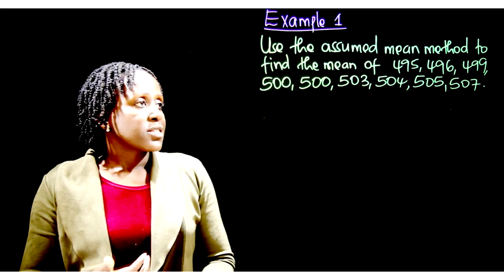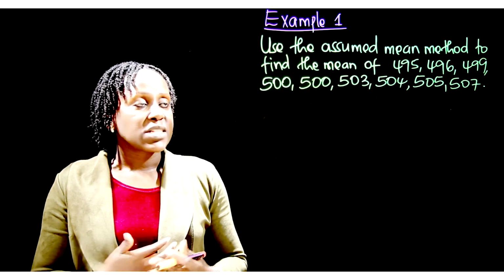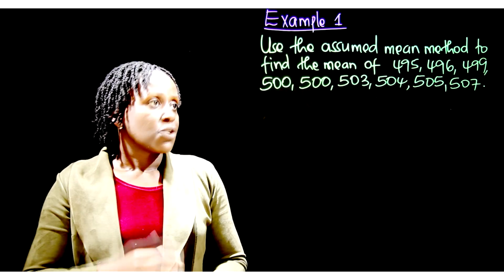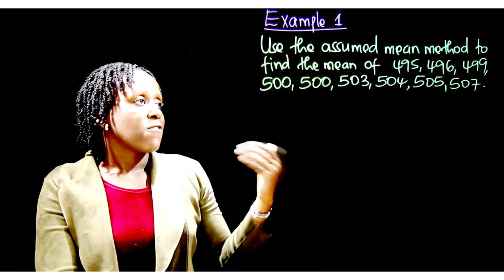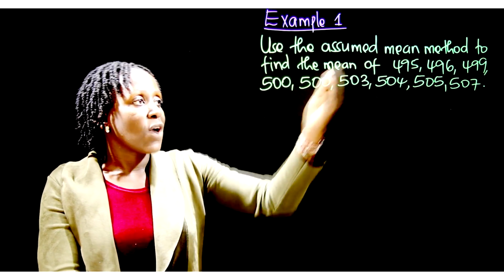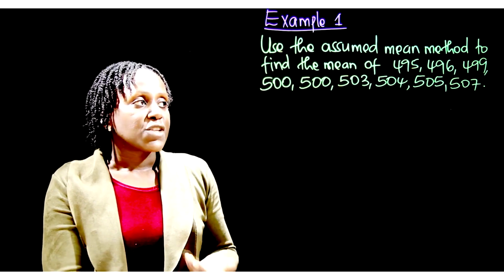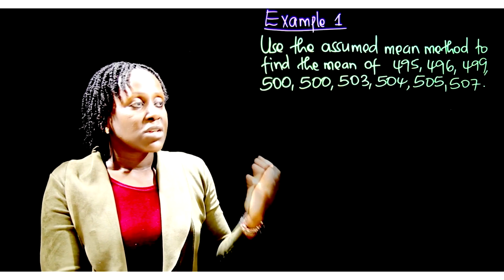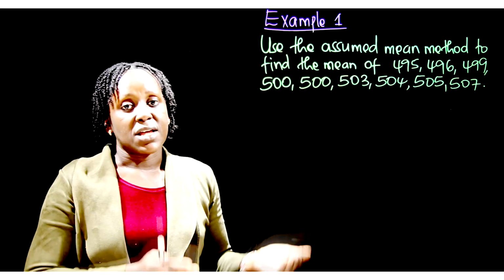The first step is to determine the assumed mean. Just like the word suggests, you're supposed to assume it, guess from the values provided. In this type of data, where values range from 495 to 507, you cannot assume a mean of 203 because 203 is not within the values that are given.